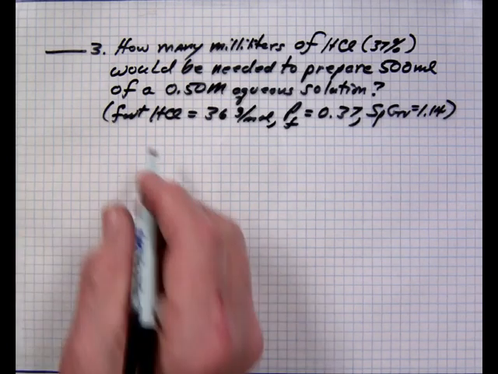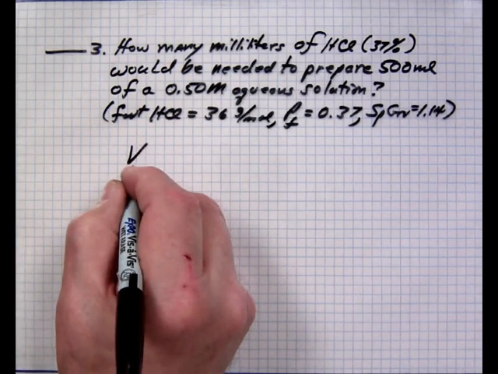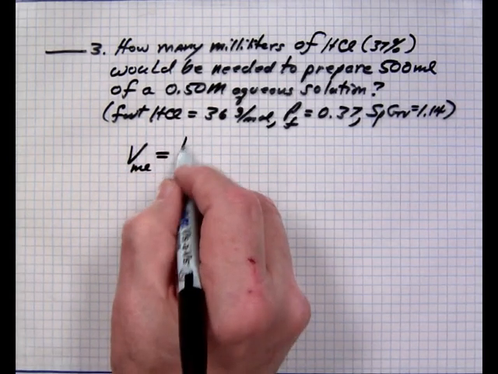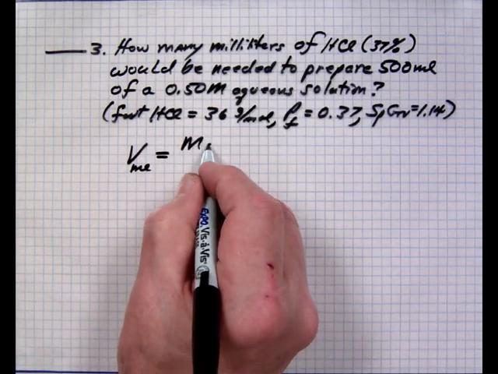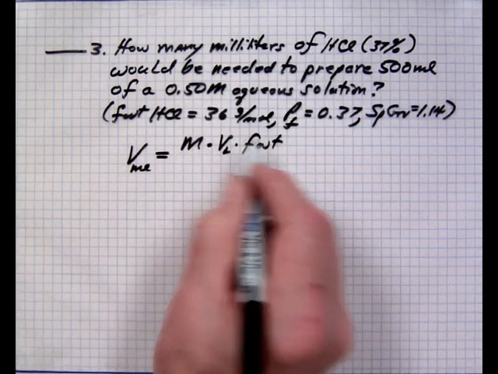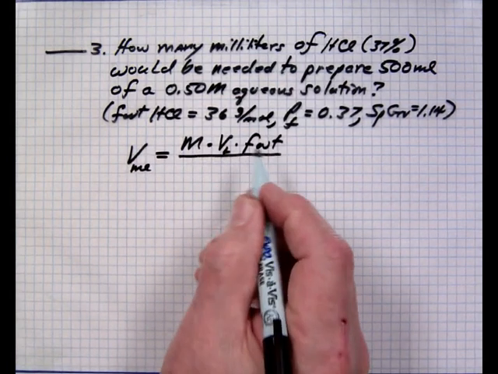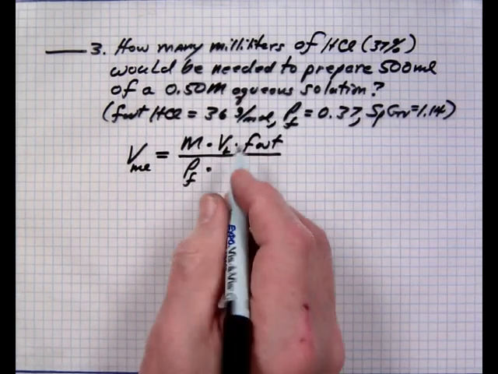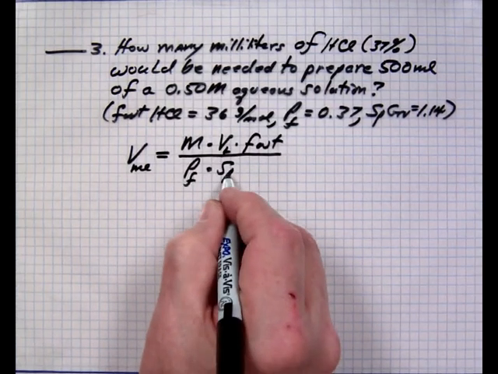So using the formula, volume in milliliters needed is molarity desired times the volume expressed in liters times the formula weight, divided by the purity factor, the concentration of the stock, times the specific gravity.